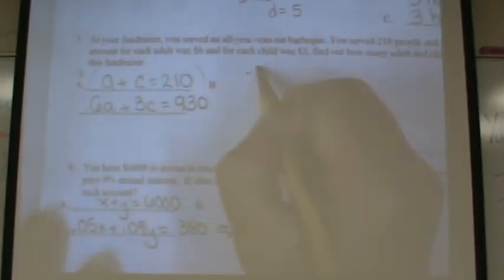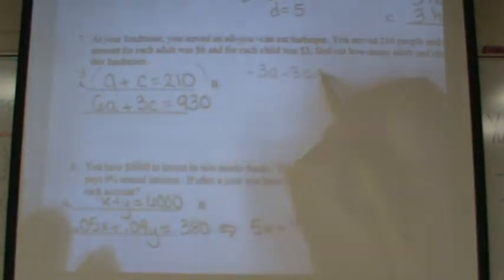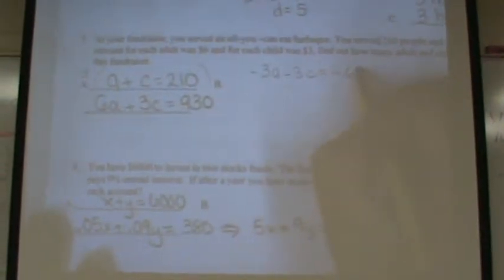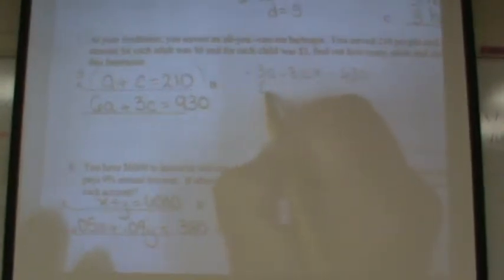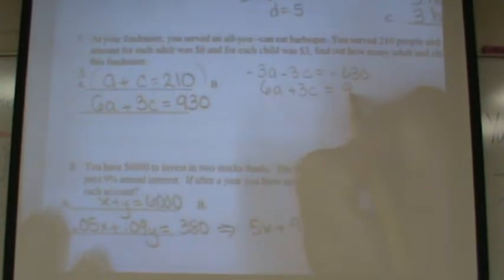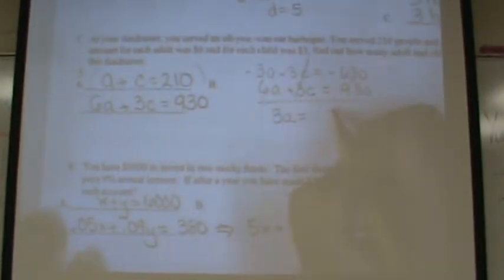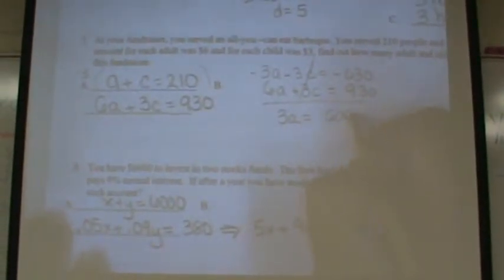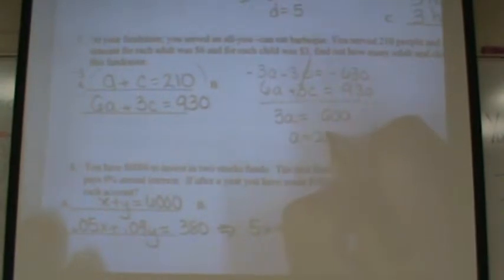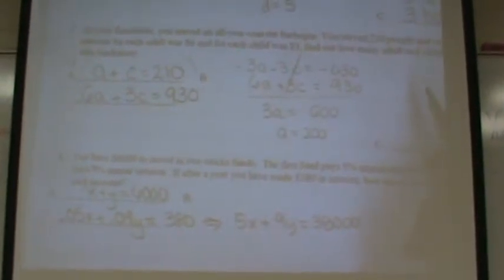So you get negative 3a minus 3c equals negative 630. Keep the bottom one the same. And you end up with 3a equals 600. And a is 200. So that would be 200 adults.